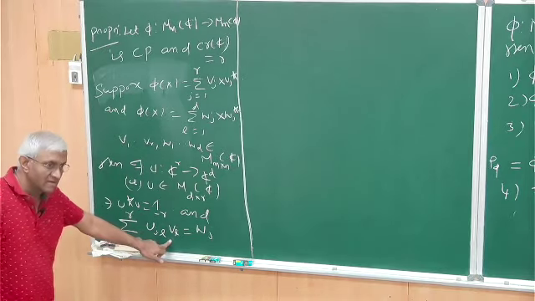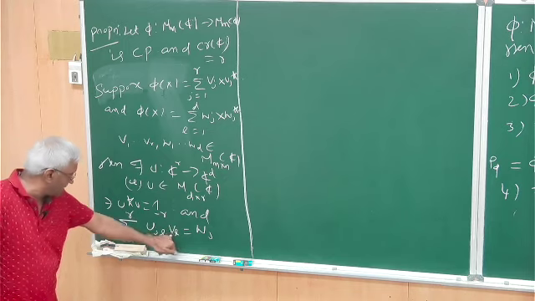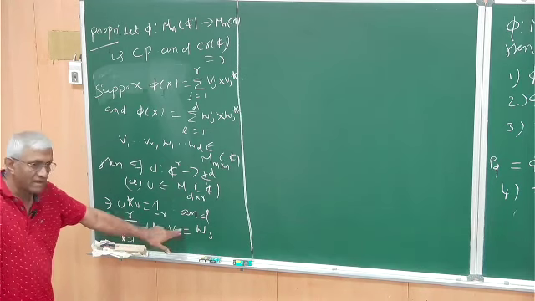These are all matrices. If you just consider scalars, it is just U acting on that vector giving this vector, but instead they are all matrices.